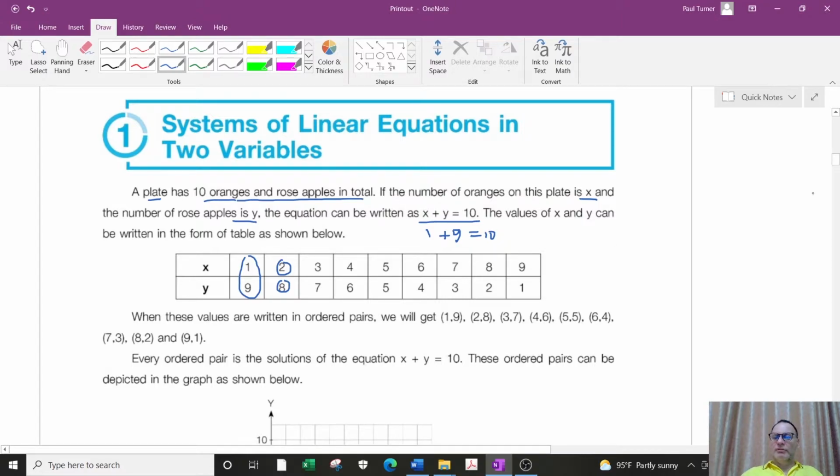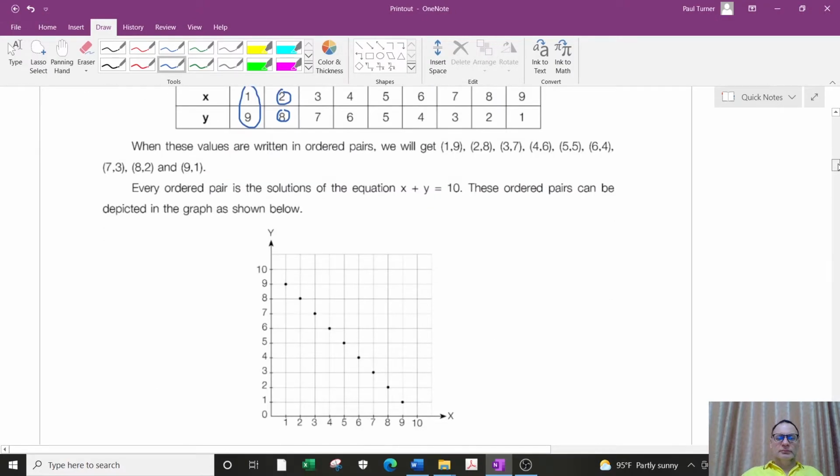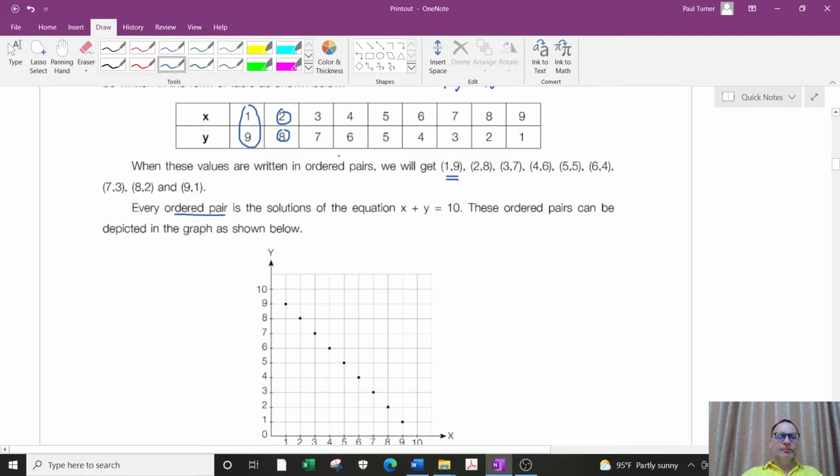So what we do, we write them down as coordinates or ordered pairs. These are called ordered pairs. So the first pair is 1, 9, and then we mark it in our graph here where x is the x-axis and y is on this axis, that's the y-axis. So our first point is 1, 9, which is here. Okay, and then the next ordered pair is 2, 8, and we mark them here.